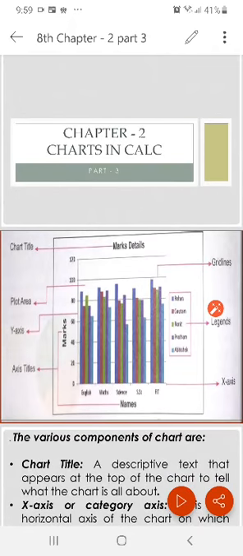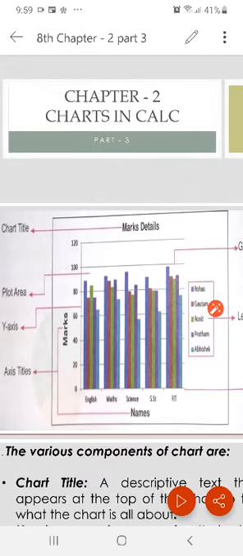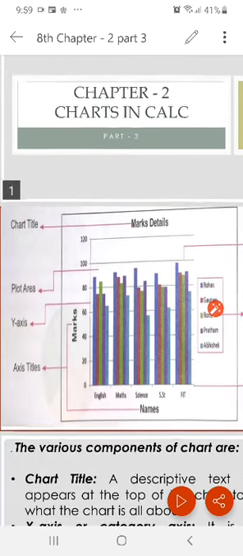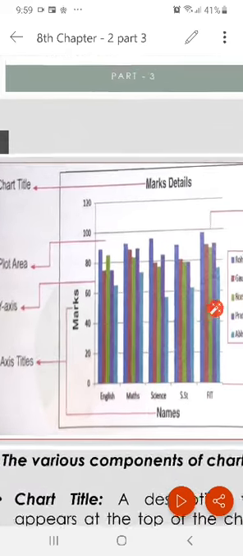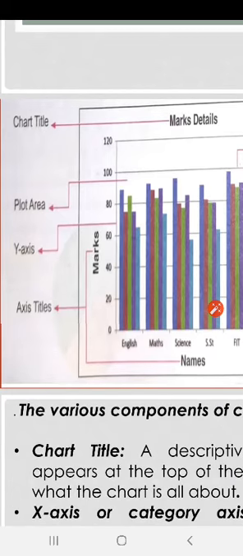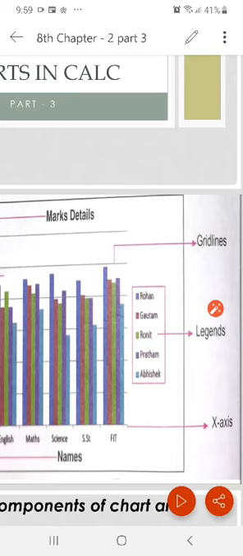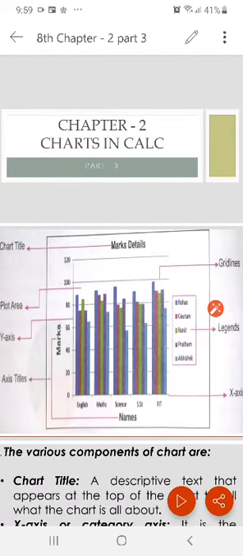First of all, you can see this picture. Here there are different components of charts like chart title, plot area, y-axis, axis title, x-axis, legends, grid lines. You can see in this picture.